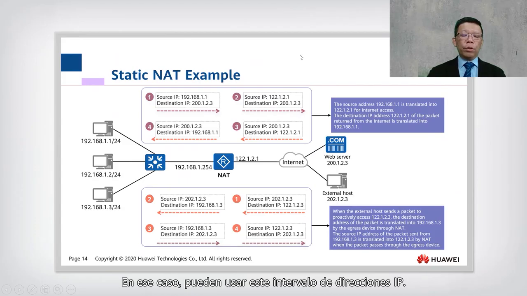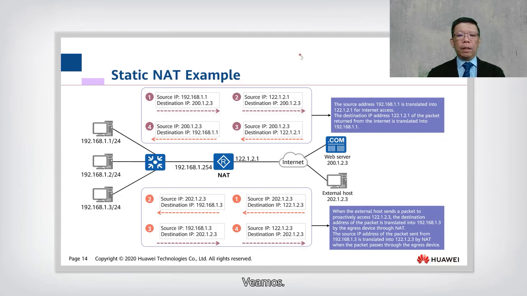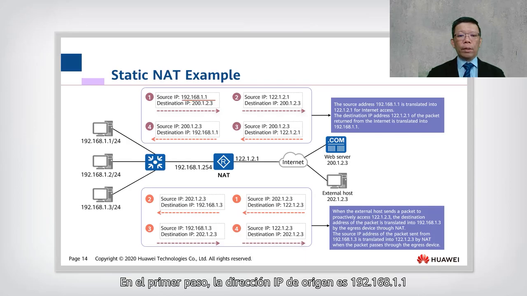So here we look into the mechanism of how NAT works. We have two examples. Let's have a look in more detail. In the first step, we have the source 192.168.1.1, and this host wants to access 200.1.2.3, which is this web server.